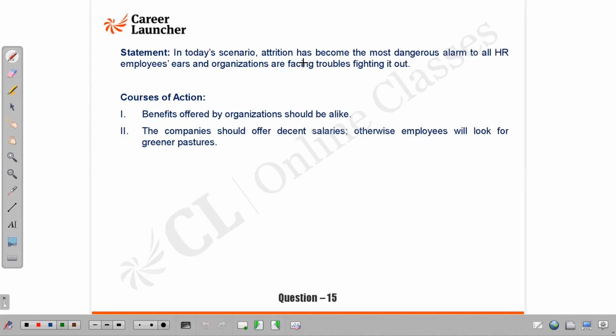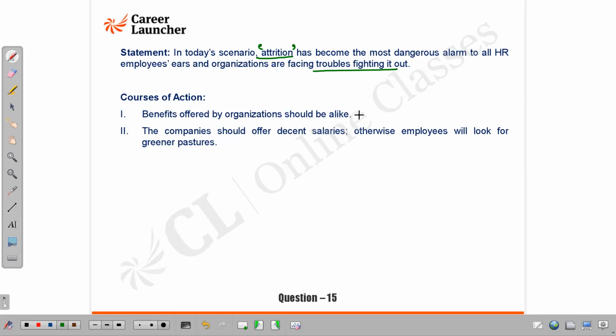15th, in today's scenario, attrition has become a most common dangerous alarm to all the HR employees, and organizations are facing trouble finding out. So the core problem is mentioned as attrition. Benefits offered by organizations should be alike. Prima facie, this option doesn't look good. I think, why should our organizations be alike?